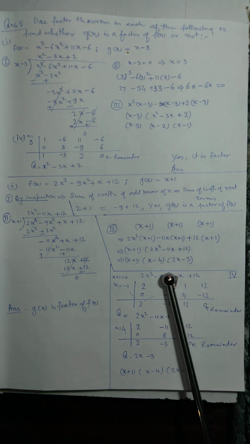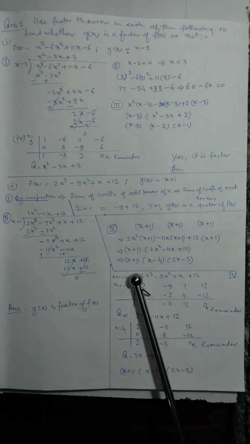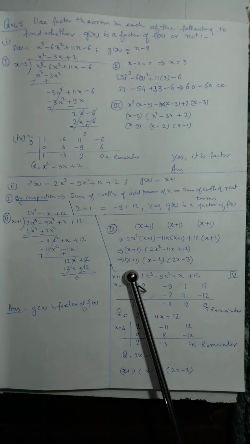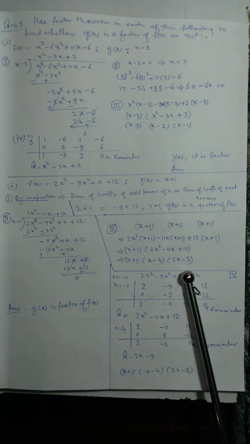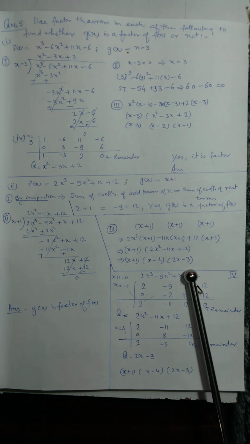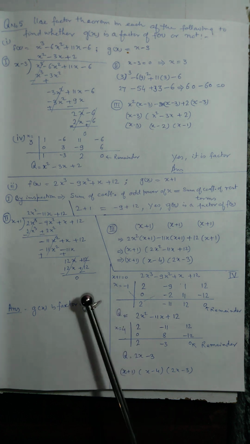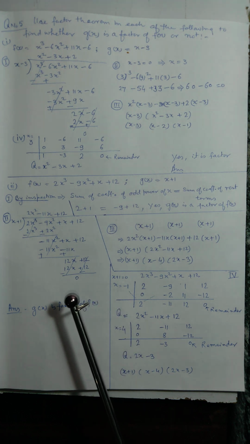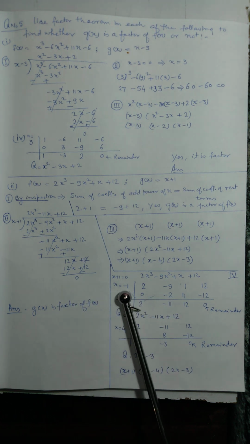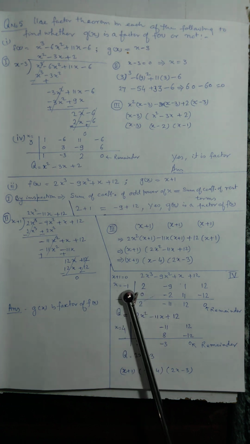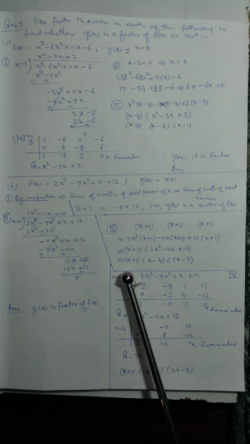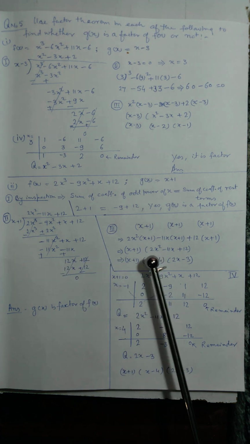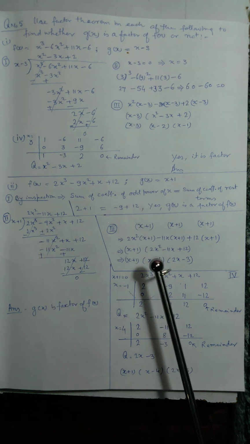So ultimately you will get the factors like this: x plus 1, x minus 4, 2x minus 3. So ultimately, the first, second, third methods I have described.